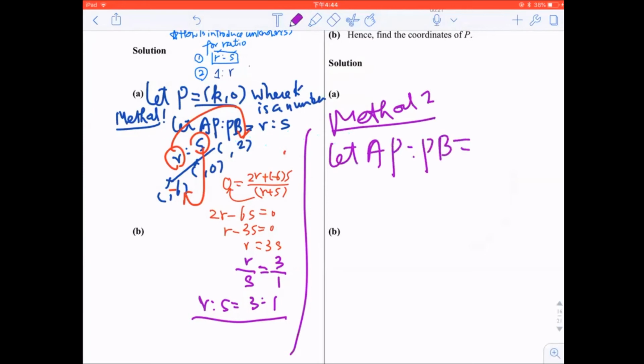For example, you say 1 to K. But because in advance you don't know the exact form of the answer, you can keep one of them as 1. So I'll keep the left hand side, the first portion, as 1 to K. But not to use K, because K has been used already, so it's 1 to R. So what is that here?